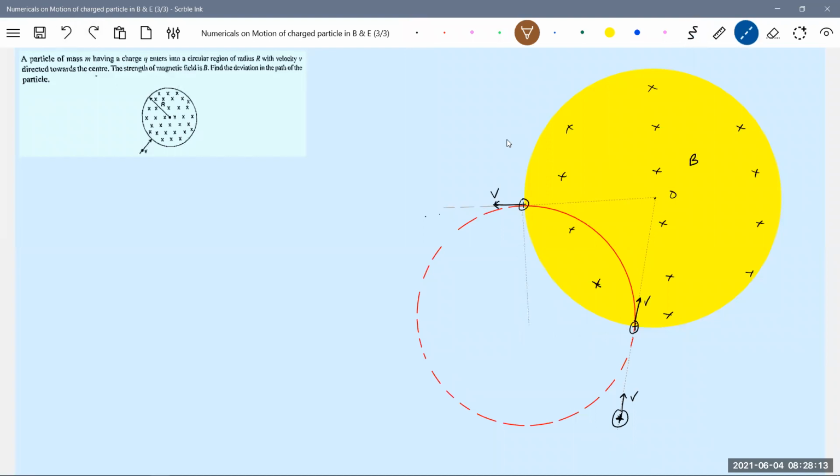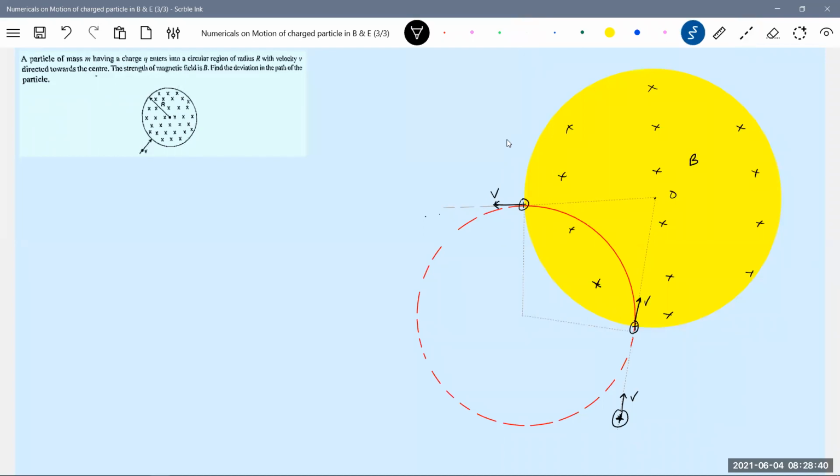It should not be horizontal. See this. This will be the center of the circle.